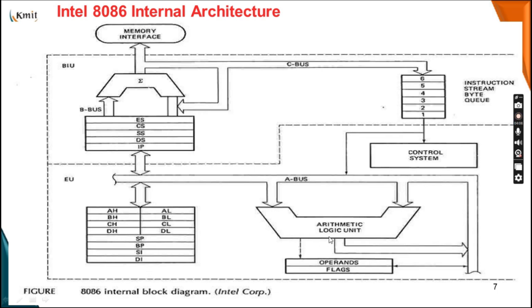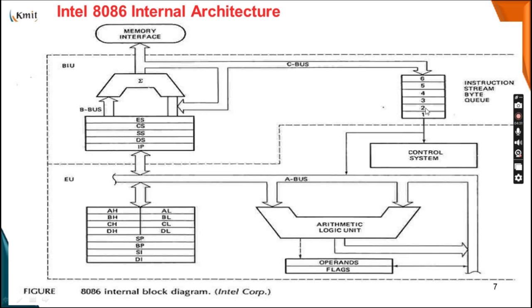Whatever output the arithmetic and logic unit produces will be stored in these registers. From these registers it fetches the address in order to calculate the physical address, goes to that address, takes the instructions with the help of the control bus, and stores them into the instruction queue.